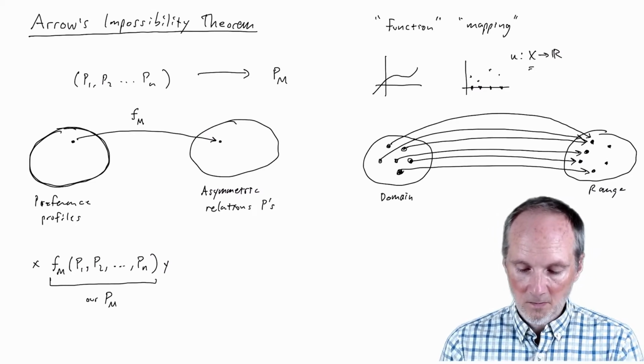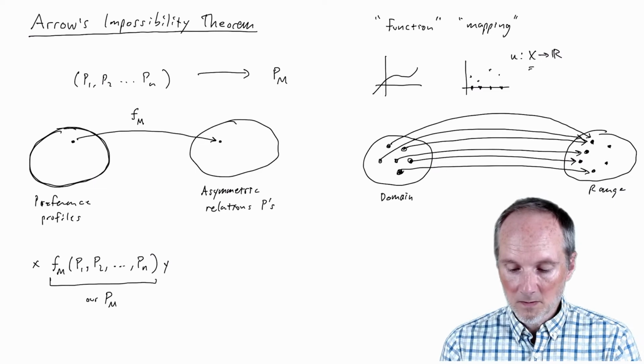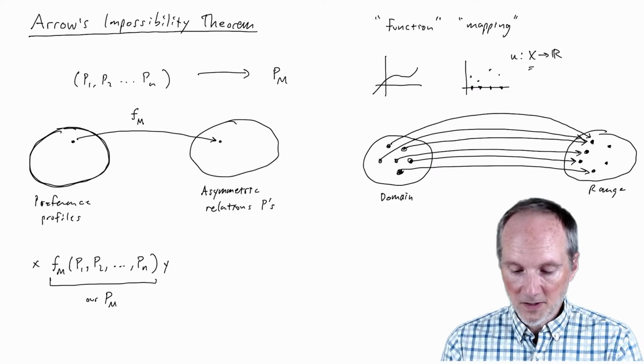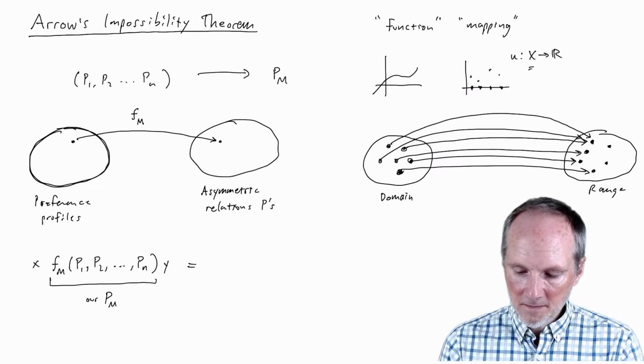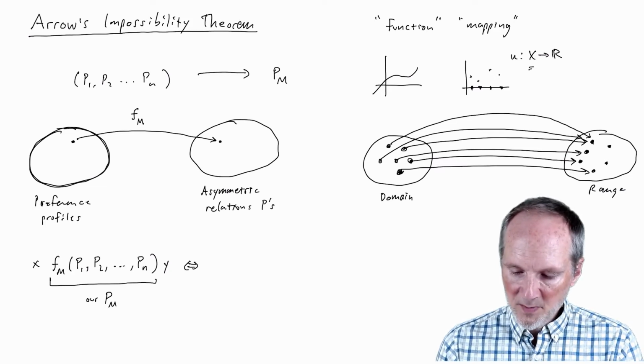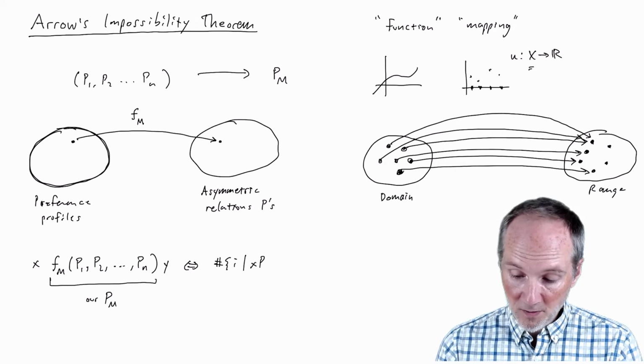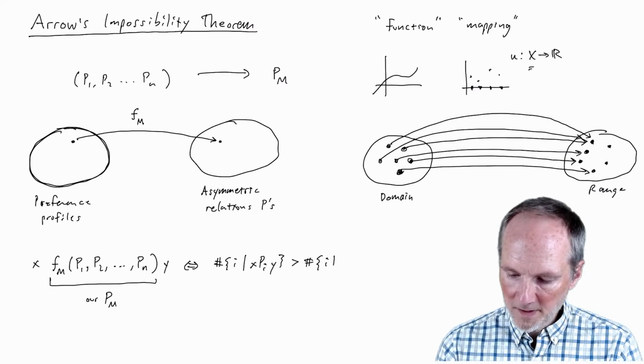So we define this majority preference function so that x beats y if and only if the number of people who prefer x for this profile is bigger than the number of people who prefer y for this profile.